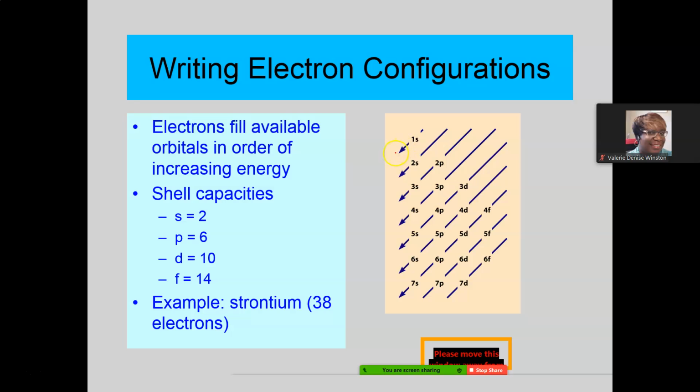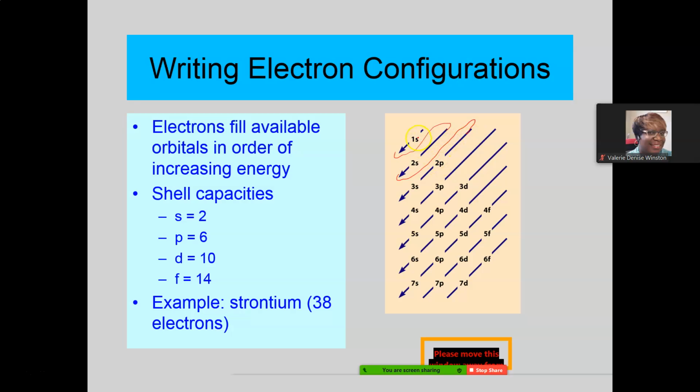When you get to the end of the arrow, you go to the top of the next arrow. Then you fill the 2s, n equals 2, angular momentum quantum number s, 2 more electrons there. That's all, folks, for now. Then you go to the top of the arrow. You don't go across like this. You go from point of the arrow to top of the arrow.